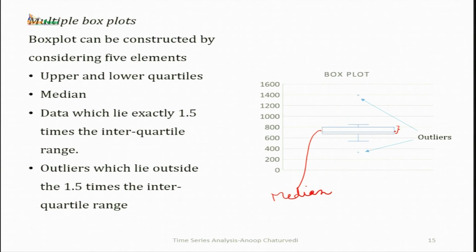Then these two lines show the 1.5 times the interquartile range. And any observations outside this region are your outliers. So, you have 2 outliers, this one and this one. So, box plot gives you this much of information.